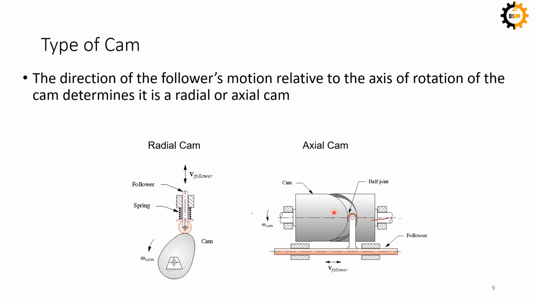And in the axial cam type of cam follower mechanism, the axis of the cam and the motion of the follower will be in the same axis. So here they are sharing the same axis. But here if you see on the left side, the axes of the cam are out of the plane. So these axes are perpendicular to each other, and here these axes are parallel to each other.